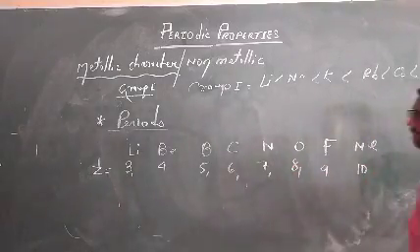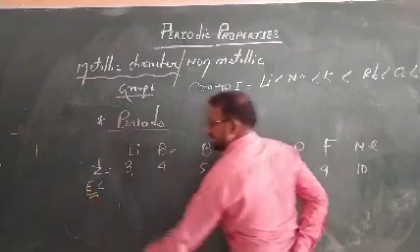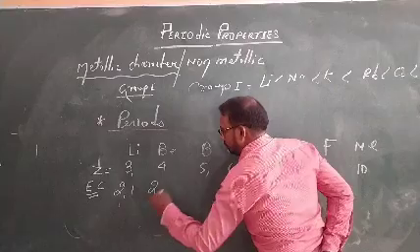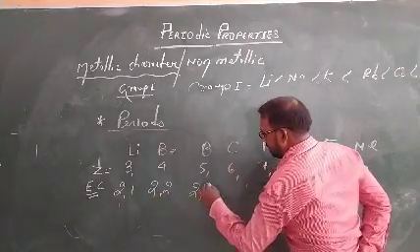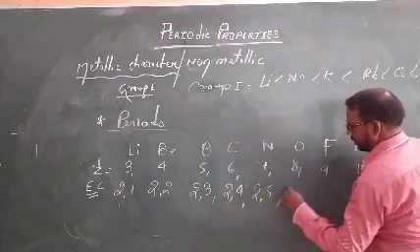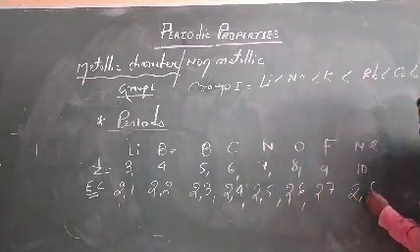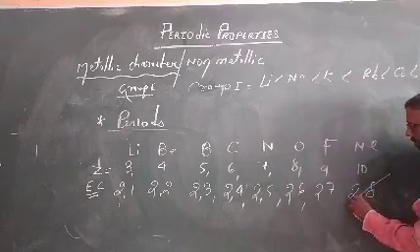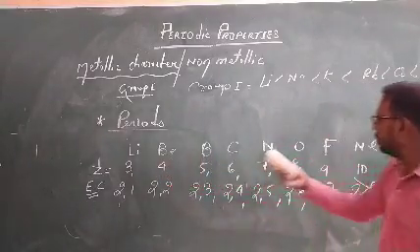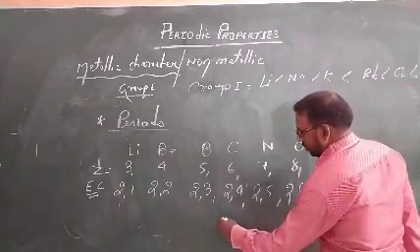And you will write the electronic configuration, EC for short. You will write 2,1; 2,2; 2,3; 2,4; 2,5; 2,6; 2,7 and 2,8. We will not talk about neon. We will talk from lithium to fluorine, and just write the electronic configuration.